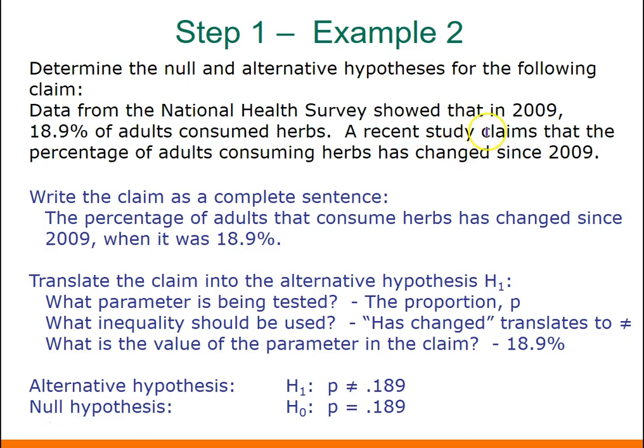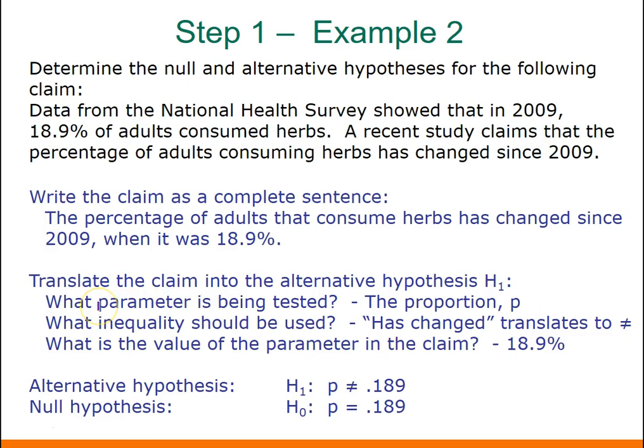So we're just repeating the claim that was up here. And also notice in here I added this part that actually said what the number was that we were comparing against. So in 2009, the percentage was 18.9%. That's going to be an important part of our alternative hypothesis.